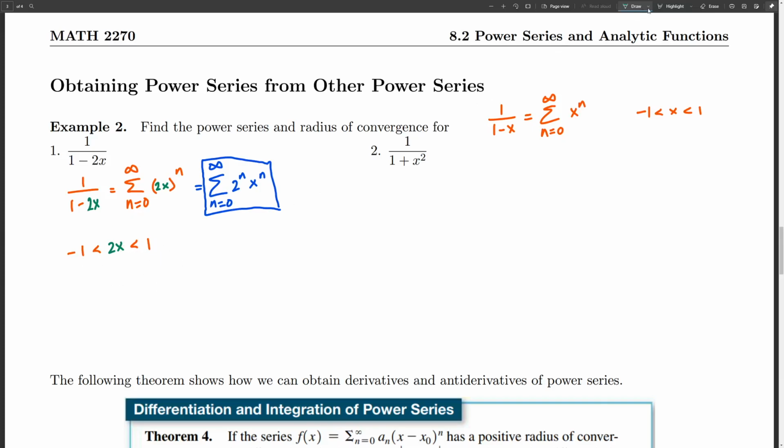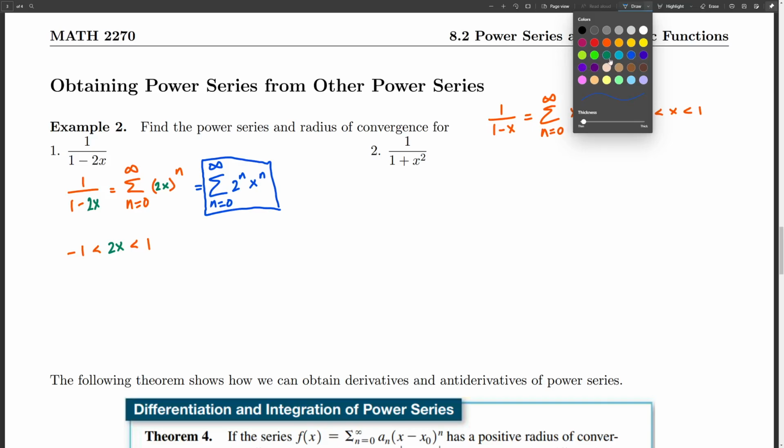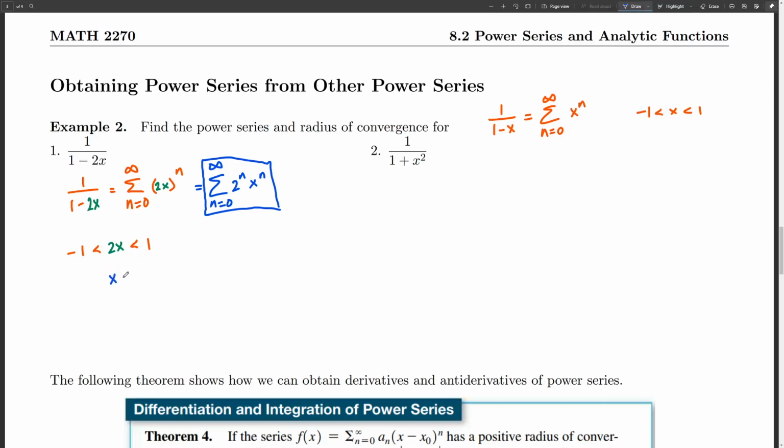And so when you solve that for x, you divide all sides by 2, and so you actually see that your interval of convergence for this one is negative 1/2 less than x less than 1/2. So that's our interval of convergence.